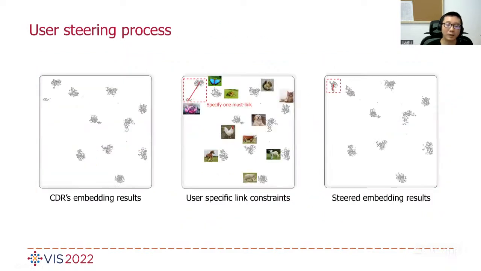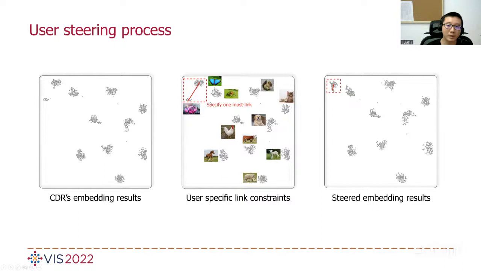Here we look at the example. This is an embedding result of an animal dataset. In the upper left corner, there are 2 clusters. We found that the 2 clusters are both butterflies. Considering other clusters are cats, dogs, horses, we think the 2 clusters should be merged into one.